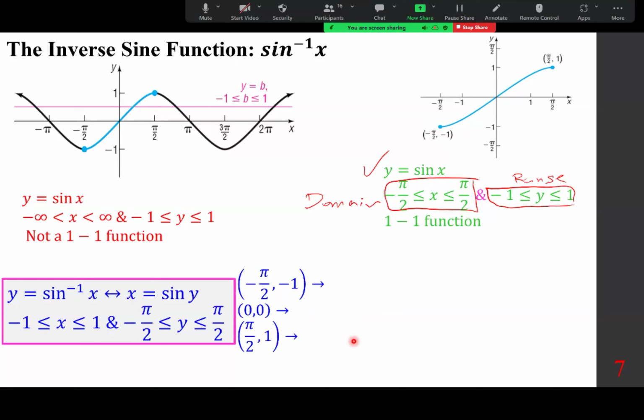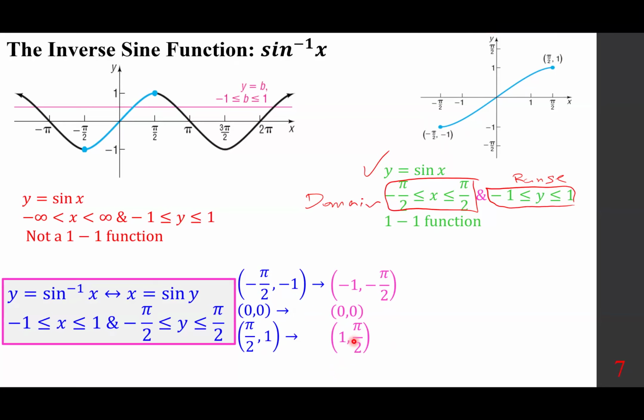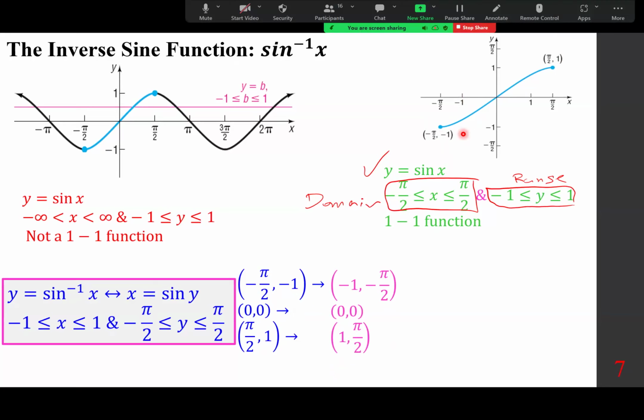This is 1, pi over 2 on the graph of the inverse function. So minus 1, minus pi over 2 here, 0, 0 doesn't matter, pi over 2, 1 becomes 1, pi over 2.